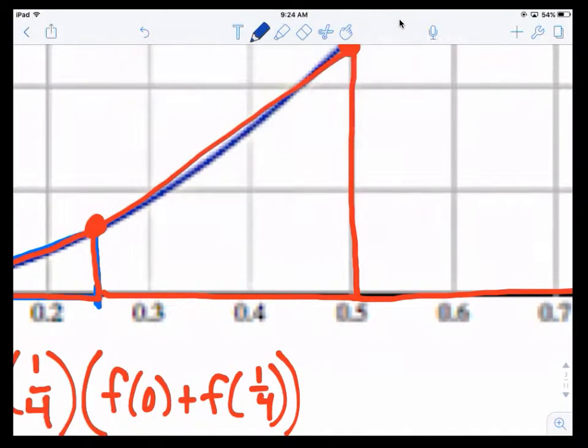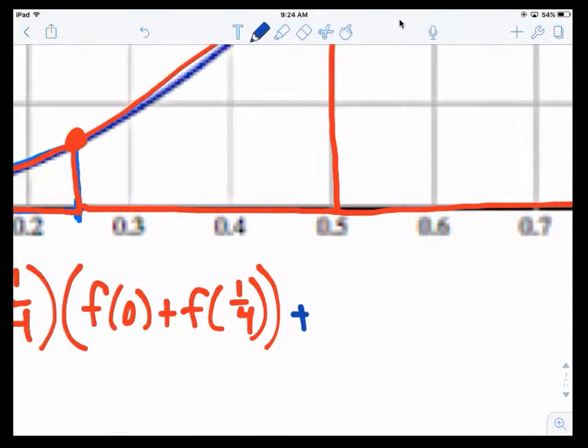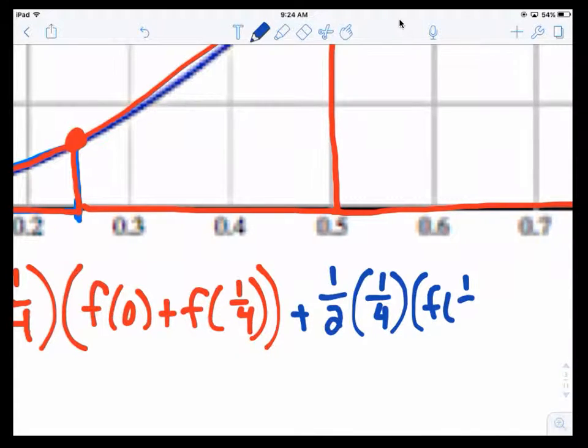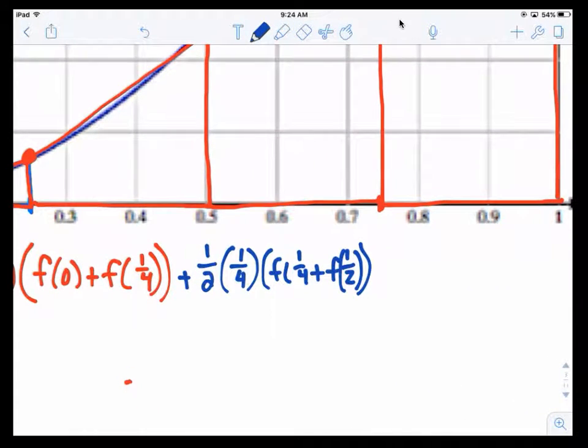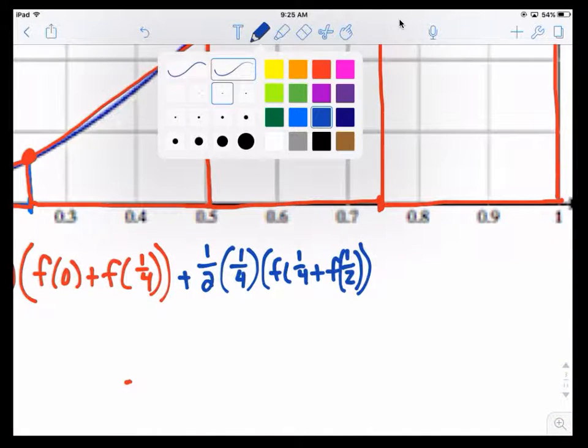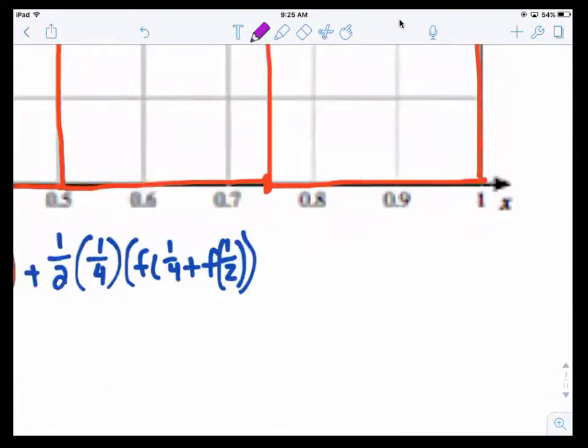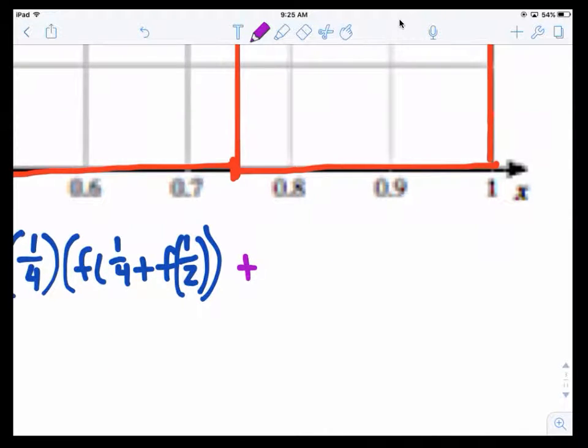Right. So then the next one, again, I have 1/2 because that's part of the formula, times 1/4, which is my height, and then the sum of my two bases would be what? f of 1/4 plus f of 1/2. Good. Alright, so that's the second one. Now the third one would be what? 1/2 times 1/4.